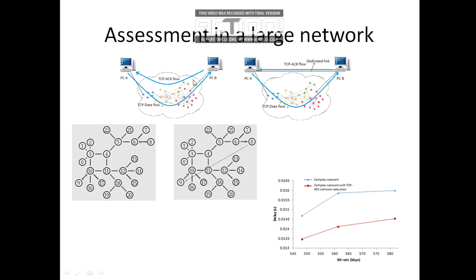In order to speed up the TCP acknowledgement, or to reduce the TCP-ACK probability of collisions, we implement an additional dedicated link, not a high bitrate link, just a couple of kilobits per second, that directly connects PCA and PCB. So data will be sent through the complicated network, while the TCP acknowledgement is sped up by using the dedicated link.